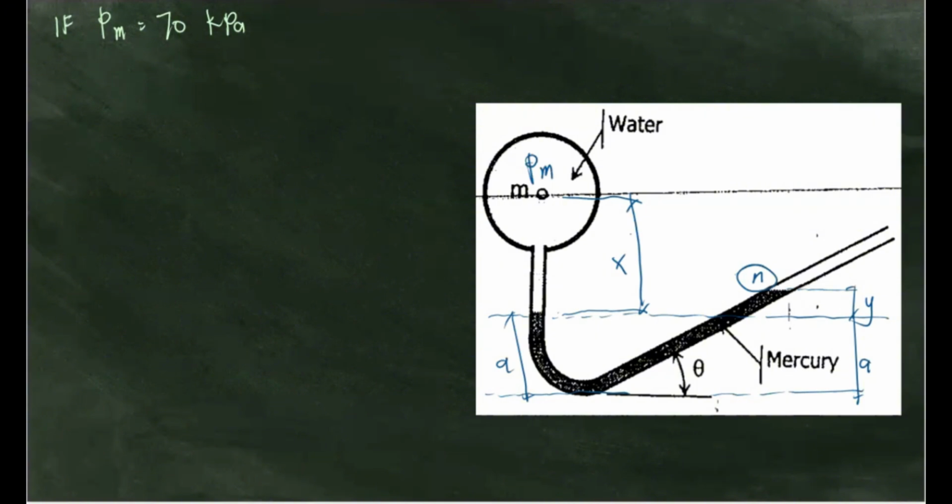It has not increased yet. So, we know that since this is exposed to the atmosphere, our P sub N here is 0. And the P sub M initially given is 70 kilopascal. So now let's sum our pressure head. Summation of pressure head.